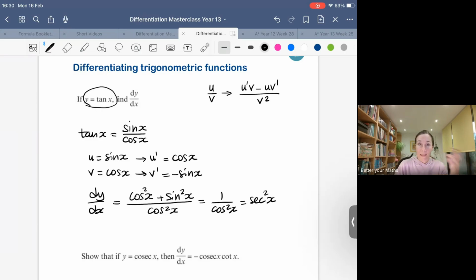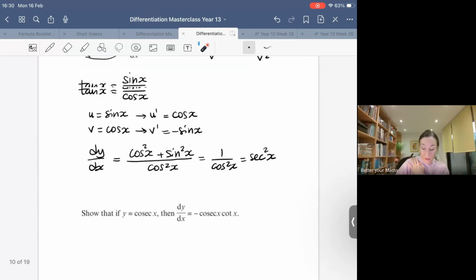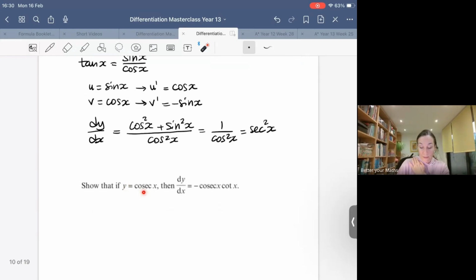It's in the formula booklet, but they might ask you to differentiate any of them. If you are asked, just remember to write them as reciprocals of sine and cos and use the quotient rule. If we need to do this one, we know that cosec is the reciprocal of sine.